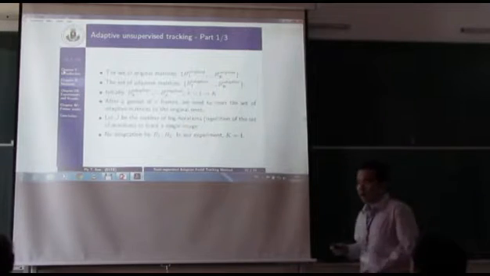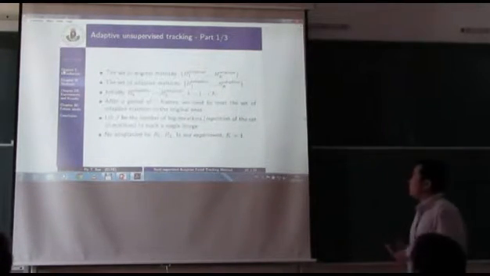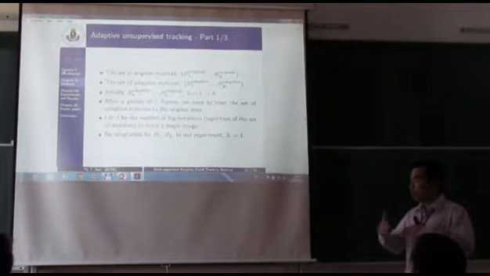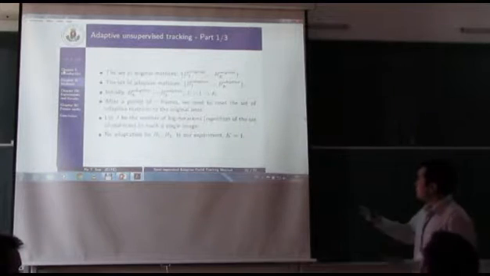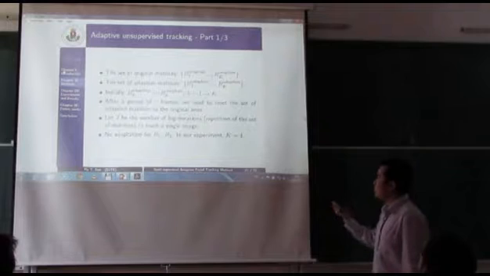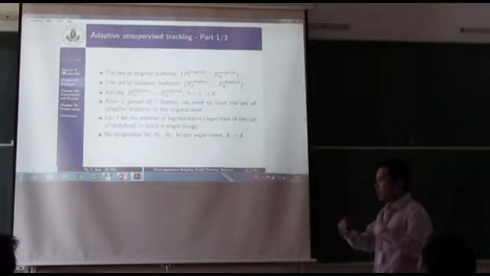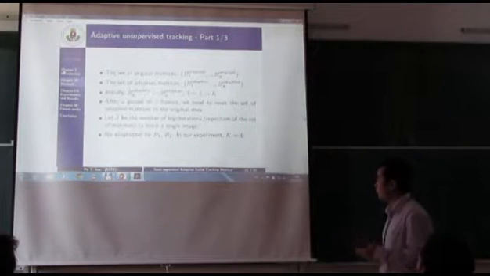This is the idea of our algorithm. Here we have some notations. First, we have the set of original matrices, that means the linear regressors of SDM, and we have the adaptive matrices, that means the improved, updated matrices from the OIPU algorithm.